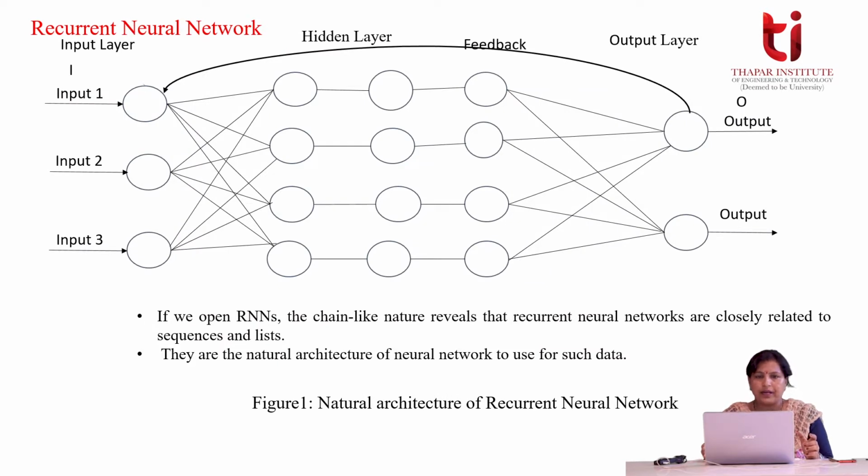When we unroll an RNN, the chain-like nature reveals that recurrent neural networks are closely related to sequences and lists. They are the natural architecture of neural network to use for such data.